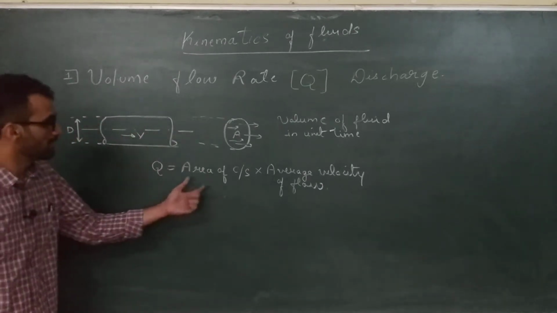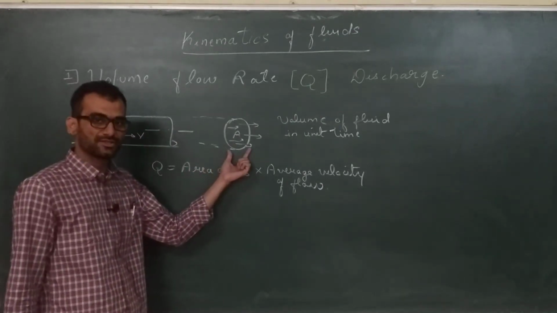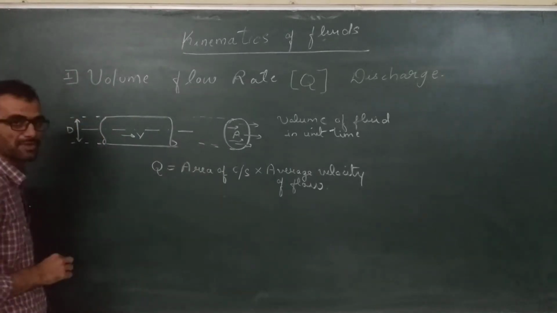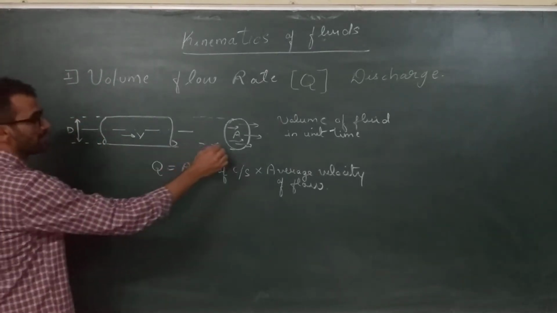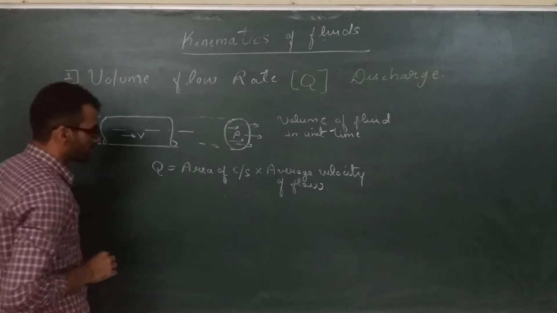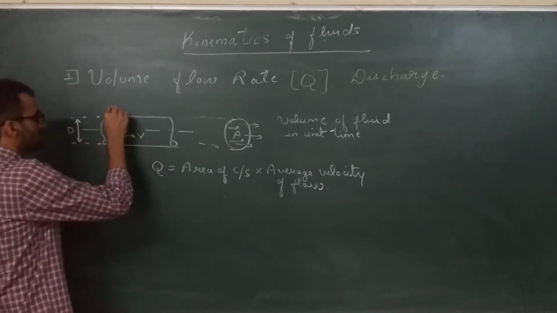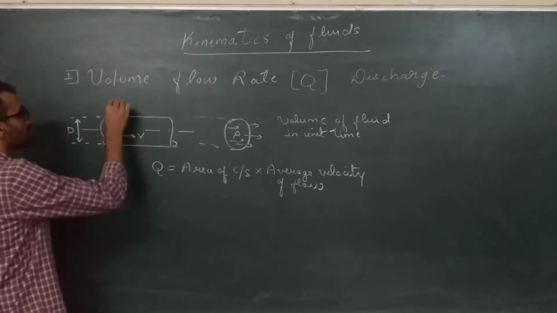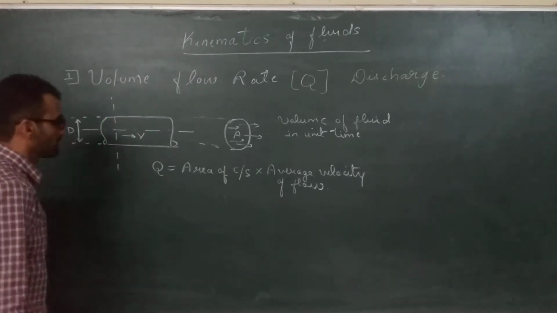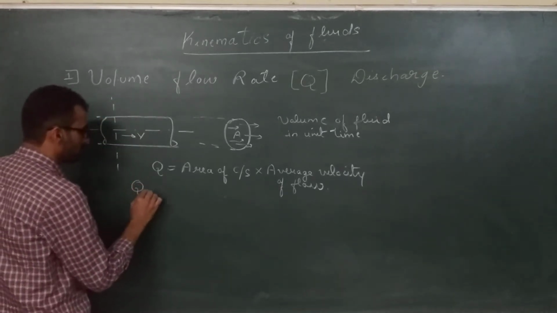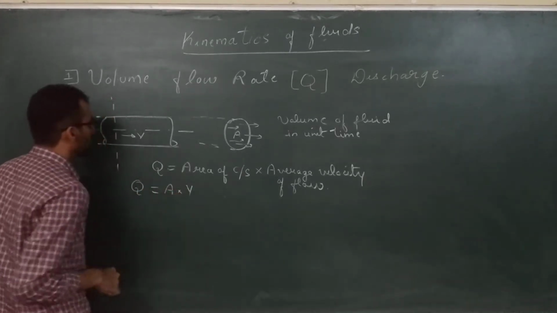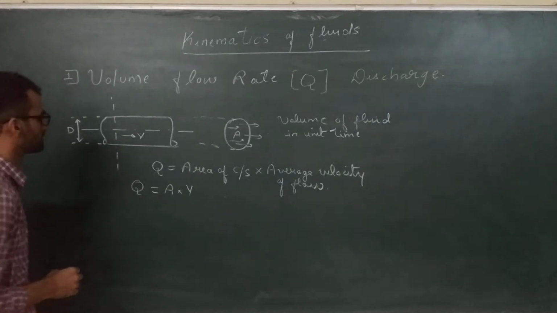We know the area of the cross section is A, and you can find it from the diameter of the pipe. At a section, let us say section 1-1, the discharge will be equal to A into V, if V is the velocity here.